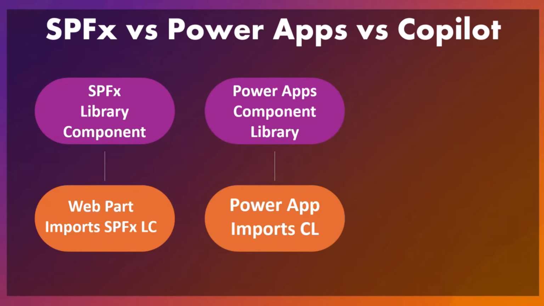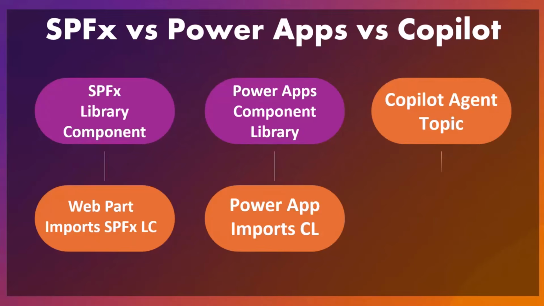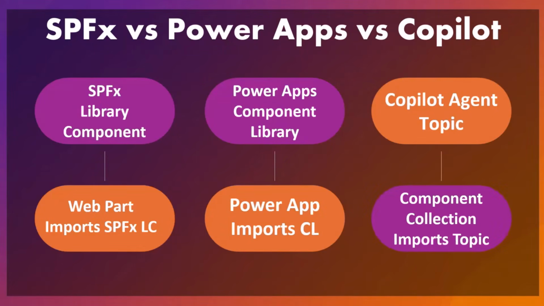Or Power Apps component libraries, or a PCF control, as Grayson had shown. We create those components and the functionality, and then we import them into our Power App. It's a little different with Copilot component collections, because you first create the Copilot agent component.